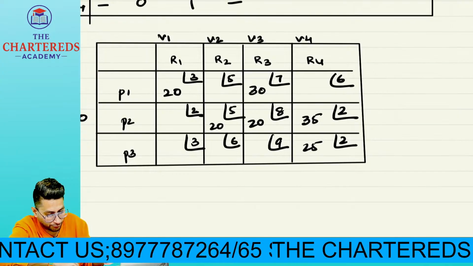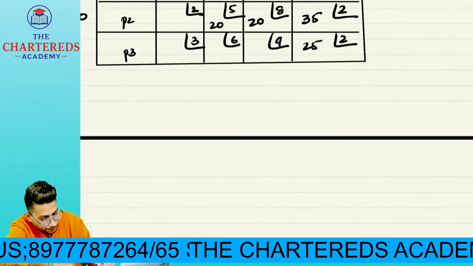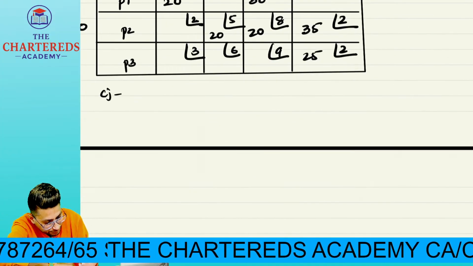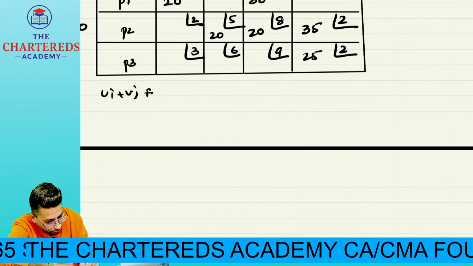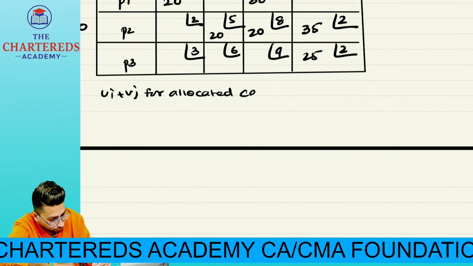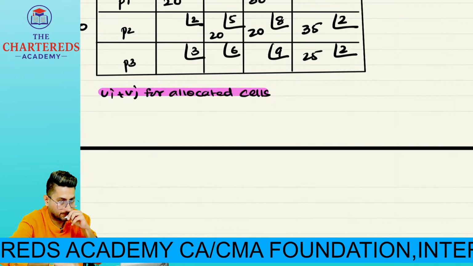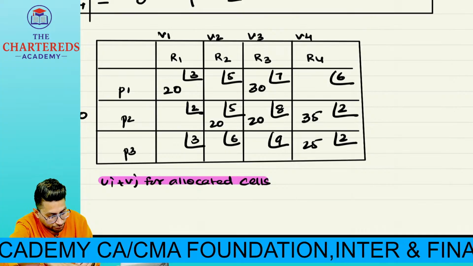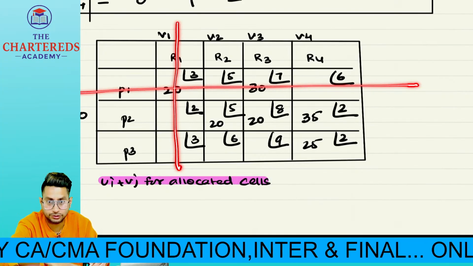Now first we have to find out what? Allocated cells. First we have Ui plus Vj for allocated cells. Now, these are allocated. What is the first allocated cell? First row, first column, correct?